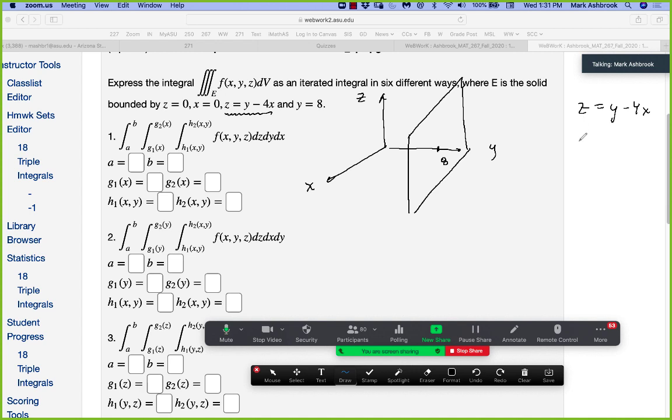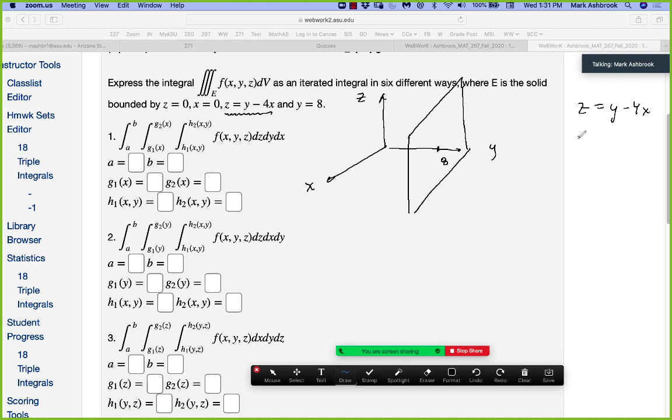So for instance, I could set x equal to 0. And when I do that, I'm going to get the intersection of this plane with the yz plane, where x equals 0. So what is that? That's going to be z equals y. So x equals 0 is the plane of the screen, the yz plane, and in that plane, this plane intersects it at z equals y.